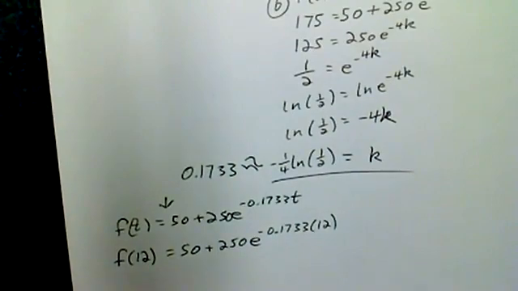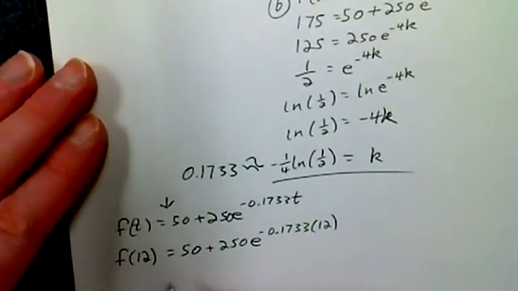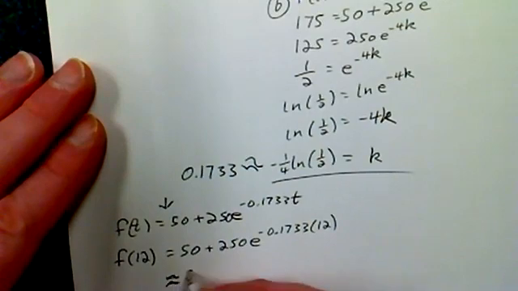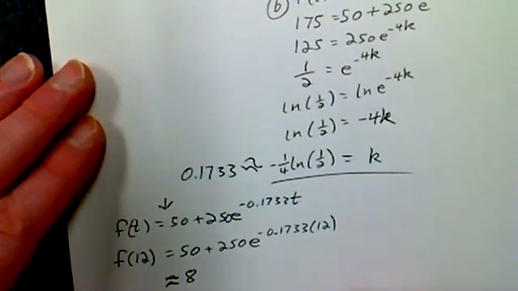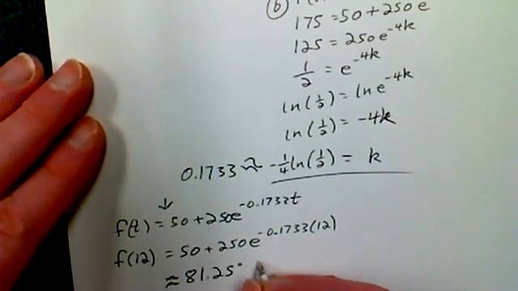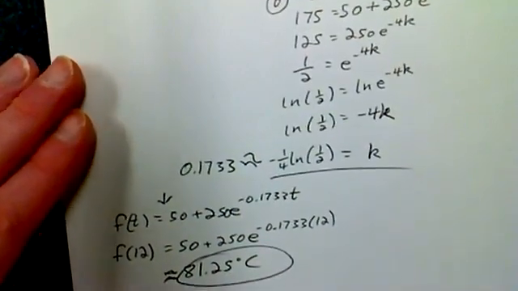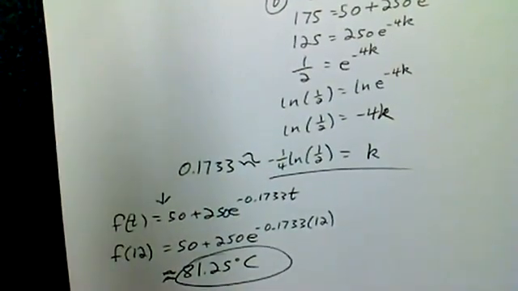If you punch that in, what you should be getting is about 81.25 degrees Celsius. This is used in a lot of engineering applications to see what the temperature of some metal, some rod, something like that can be. And we can even reverse the question. We can ask, when would it be down to, say, 70 degrees Celsius? Just like with the other ones. That wraps up 4.6.